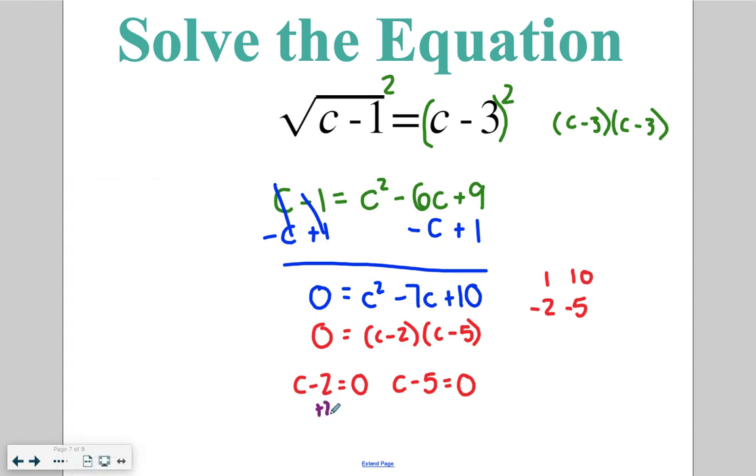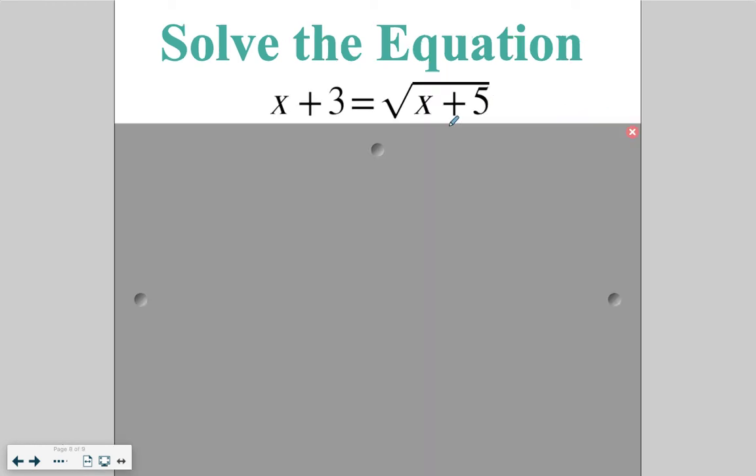So when you add 2, you would find out that your first possible answer is going to be 2. And when you add 5, you find out that your second possible answer is going to be 5. So we end up with 2 answers for this problem because there was a variable on the other side. Go ahead and try this one on your own.